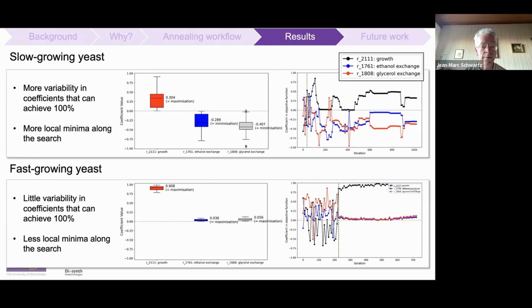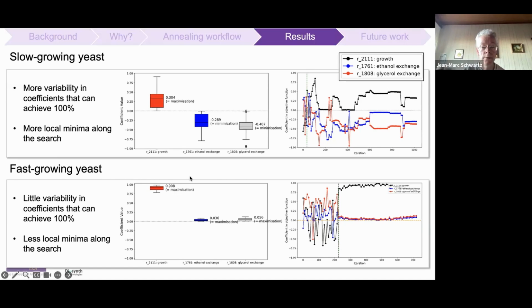What we're showing here is the range of coefficient values that give a good objective function in these two cases. On top, for the slow-growing yeast, there is a wider range of coefficients that can be suited. But in the case of the fast-growing yeast at the bottom, the range of suitable objective coefficients is quite narrow.